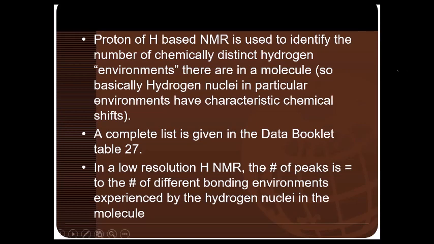The number of peaks in an NMR will tell us the number of different hydrogen environments in the molecule. So again, in the low resolution NMR, the number of peaks is equal to the number of different bonding environments experienced by the hydrogen nuclei in the molecule. Now, the complete list is given in your IB chemistry data booklet, table 27. That comes after your infrared spectroscopy table.